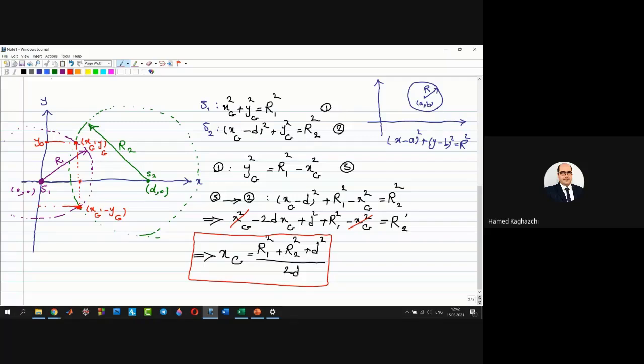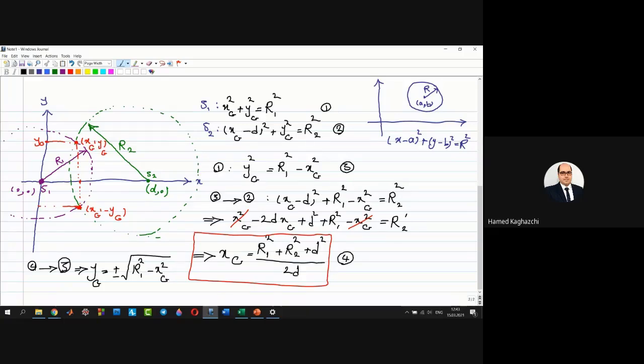What about the y position? Easily, by substituting this fourth equation into the third equation, I can find yg. yg will be plus or minus, because we have yg squared, so we need to write plus and minus the square root of R1 squared minus xg squared.